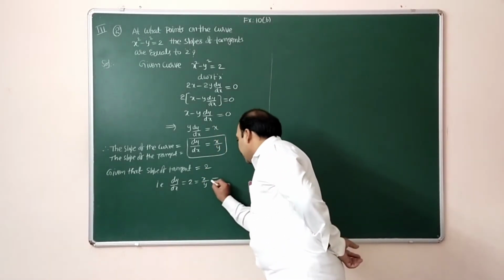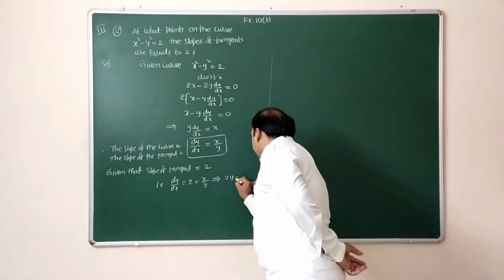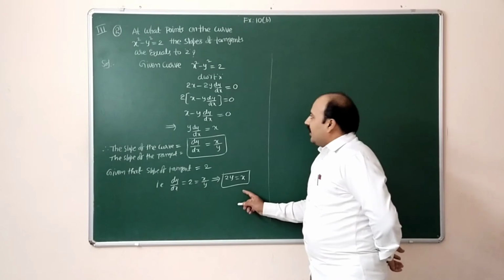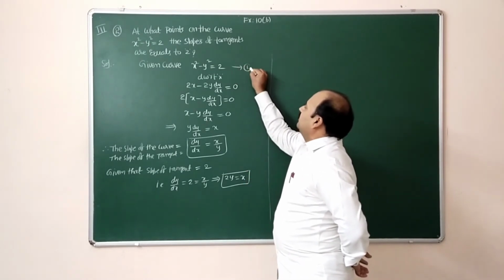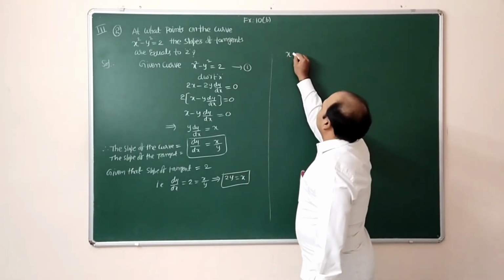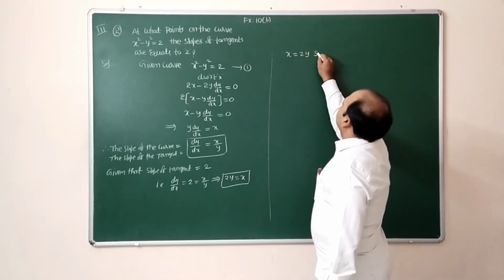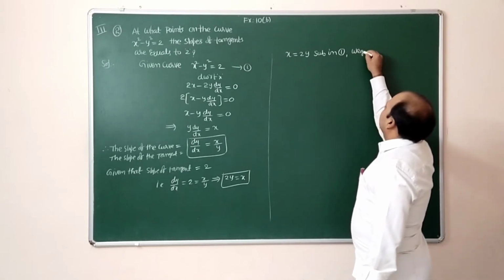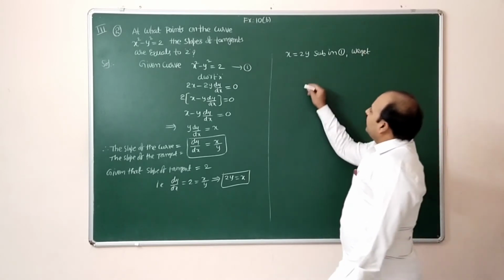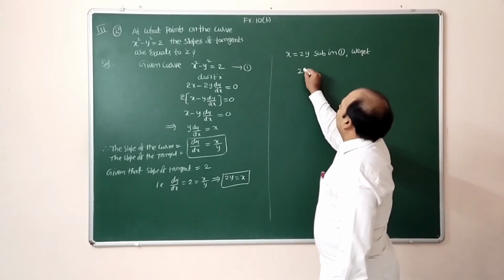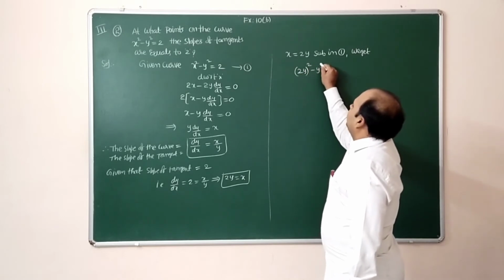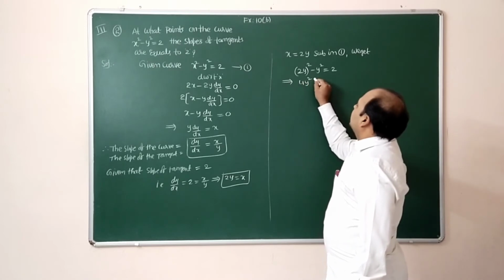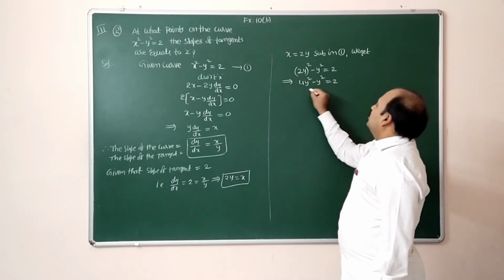So from this relation, 2y equal to x. Substitute x is equal to 2y in the curve, equation 1, we get 2y whole square minus y square is equal to 2. That implies 4y square minus y square equal to 2.